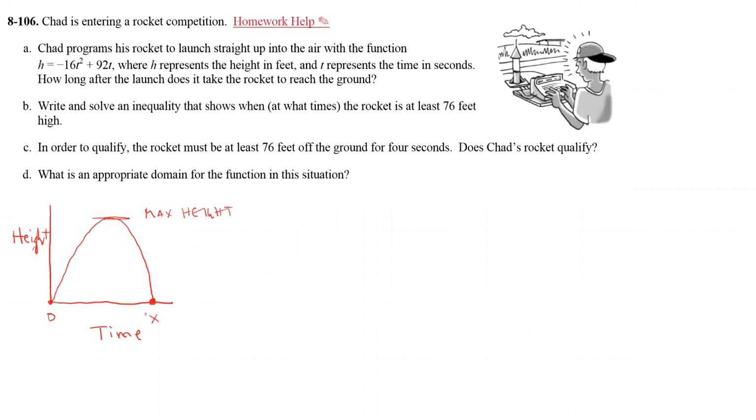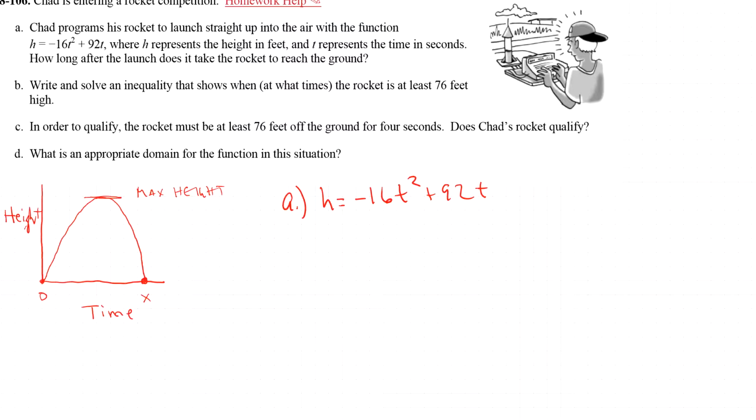Alright, so let's answer some of these questions, starting with A. They want to know, what is the time? Well, we're looking at h equals negative 16t squared plus 92t. And I've checked, and we can't complete the square on this, so the only way to do this is the quadratic formula. And remember, we know that h is going to be 0, so we're going to get negative 16t squared plus 92t, and that is going to give us t for the starting and t at the finish.